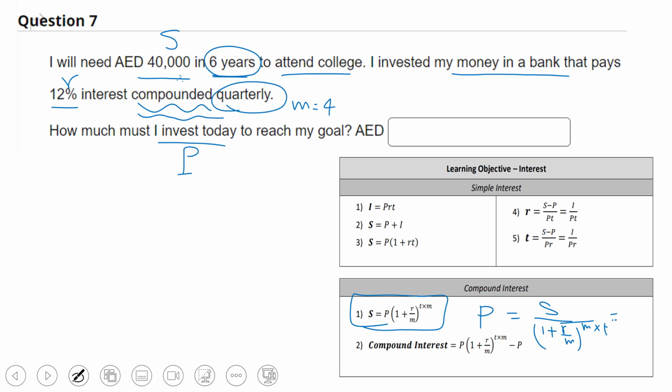So S is equal to 40,000 over 1 plus R is 12%, okay, over M, because it's quarterly, so M is 4, times M times T for 6 years. Now, using your calculator, you have P equal to what?